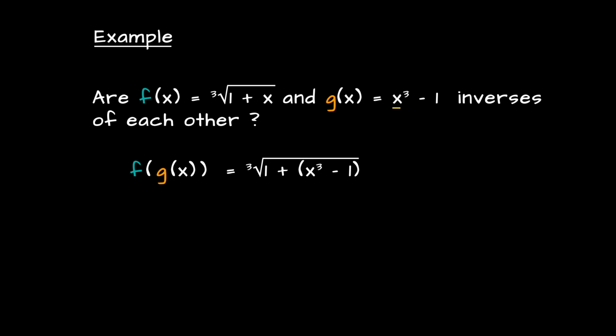Notice how we've just taken the expression that defines g and substituted into the variable x in the expression that defines f. And this simplifies to the cube root of x cubed, which is just equal to x. Therefore, the answer to the question posed in the example is yes, the function g is equal to the inverse of f. g equals f inverse.